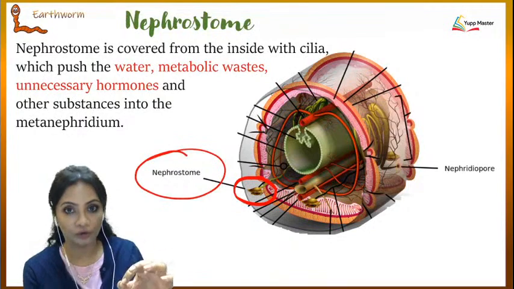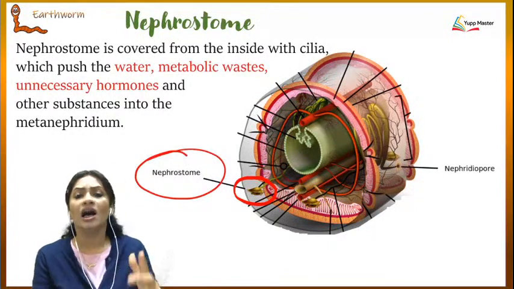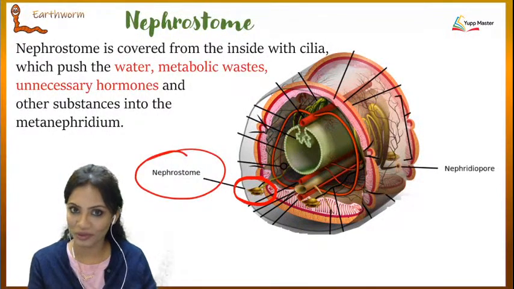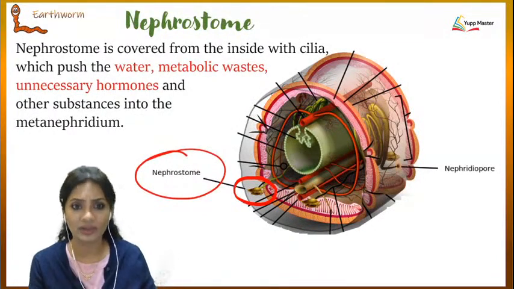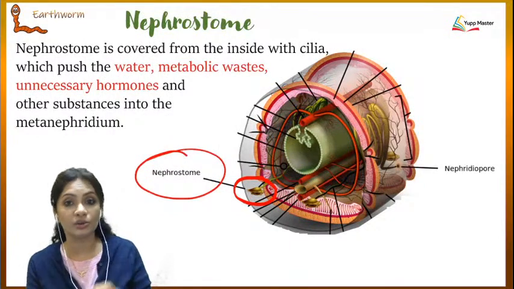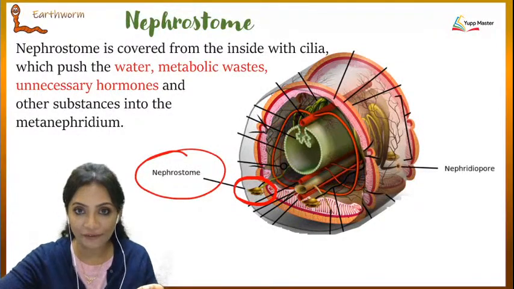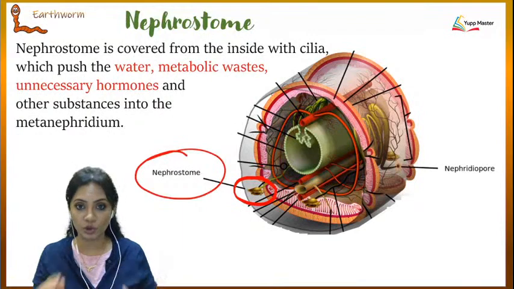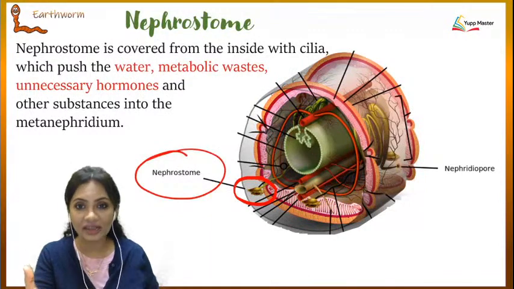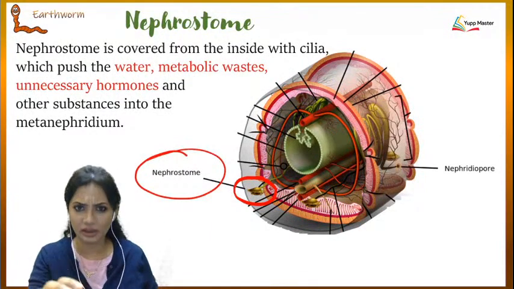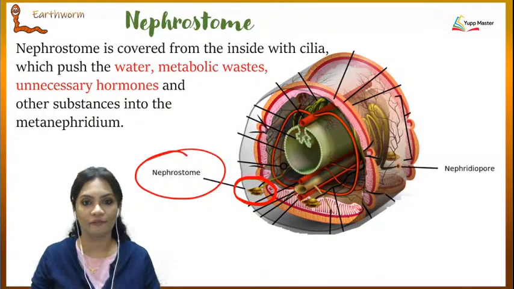It does the work of pushing any water, pushing the waste materials, whatever hormones. Now remember, the earthworm has hormones too. So any unnecessary hormones, all of that is going to be pushed into the nephridia. Whenever you hear the word nephrostome, it means a ciliated funnel which is going to take the waste materials, water, and any hormones which are not needed, and push it inside the nephridia.